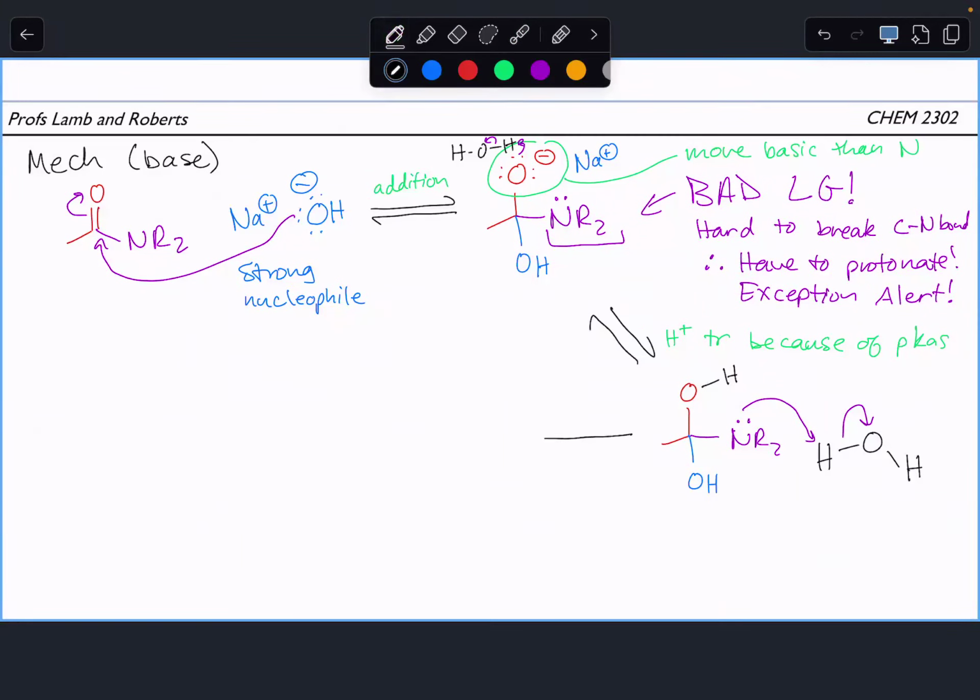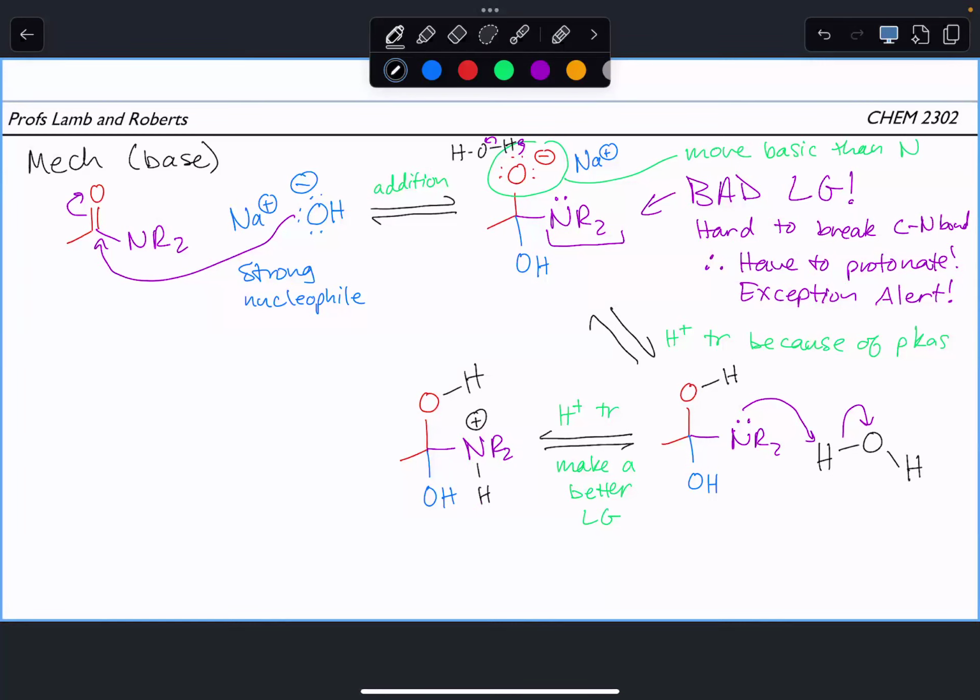Okay, so this is another proton transfer to make a better leaving group. NR2, and then we protonated this, positively charged. And we have an OH counterion there.